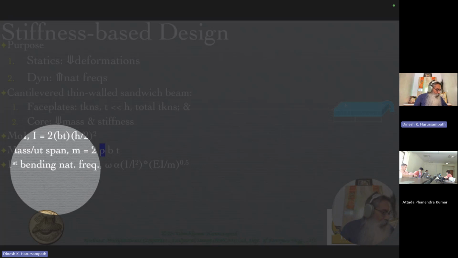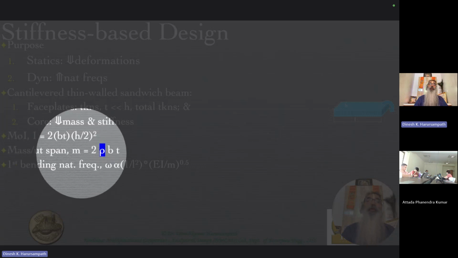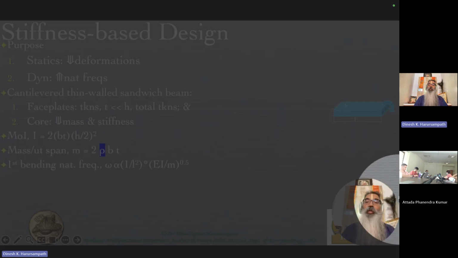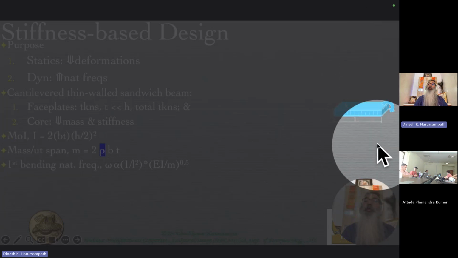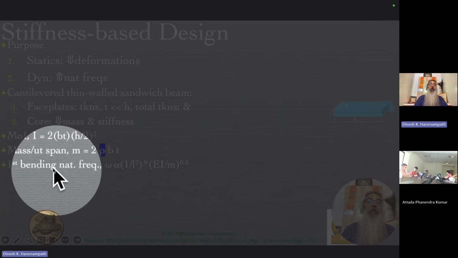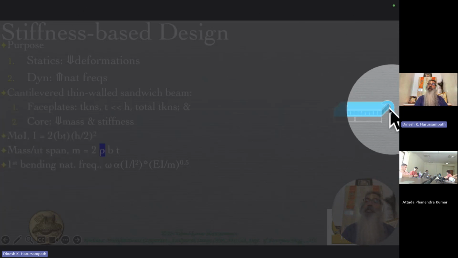So, one of the important things amongst those infinite number of frequencies, only a finite number is important, and the first few are much more important. And amongst the first few, it's the bending along the direction caused by the lift. So, in other words, the lift is bending it up or down, making the wingtip go up or down. So that's the kind of bending, rather than the one which makes it go forward or backward along the chord.